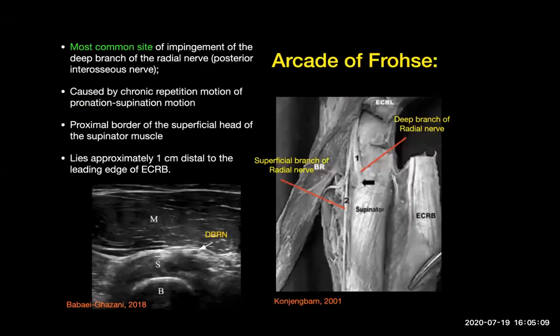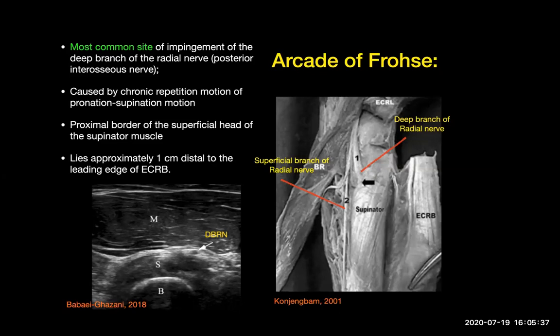Then of course, we're saying that this could be caused by a chronic repetitive motion of pronation and supination. So you can measure it. It's 1 centimeter distal to the leading edge of extensor carpi radialis brevis. And then of course, you can see it. It goes in between the 2 layers of the supinator muscle.